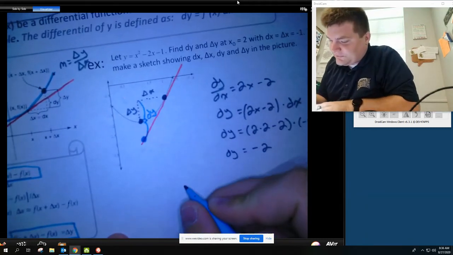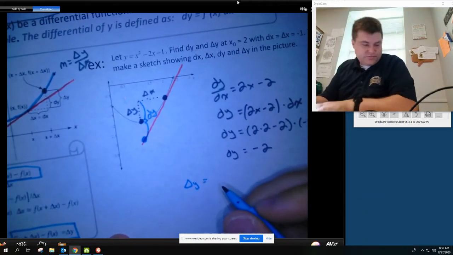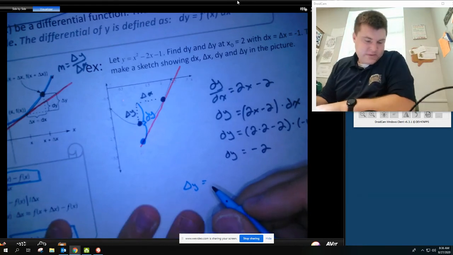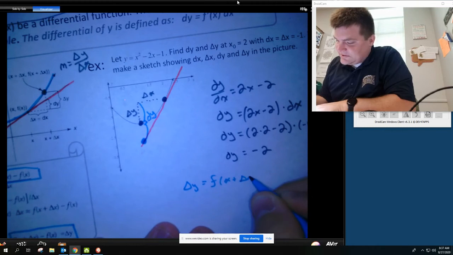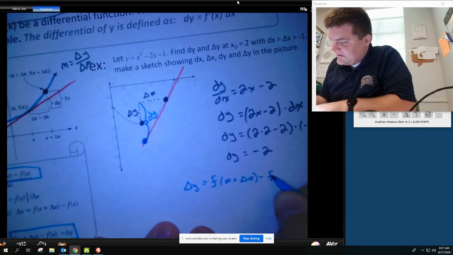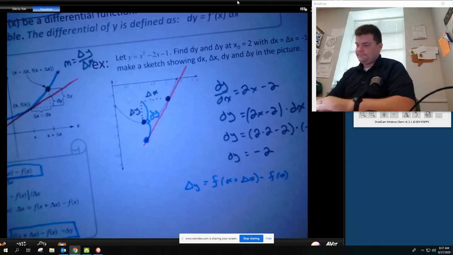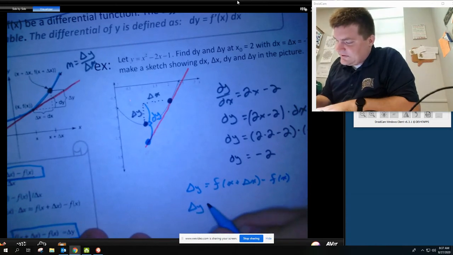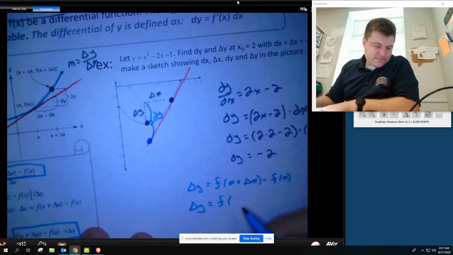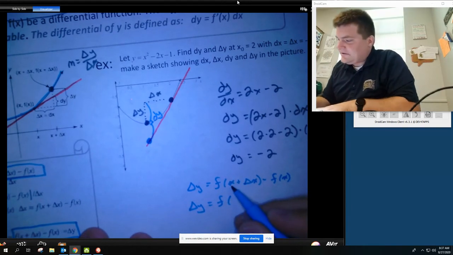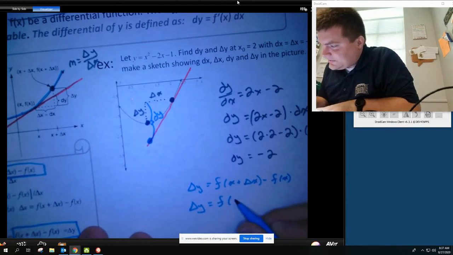So delta y is equal to, I'll just rewrite this out, f of x plus change in x minus f of x. Well, for delta y, this is going to be f of, and just plug everything in that we have. So x is 2.